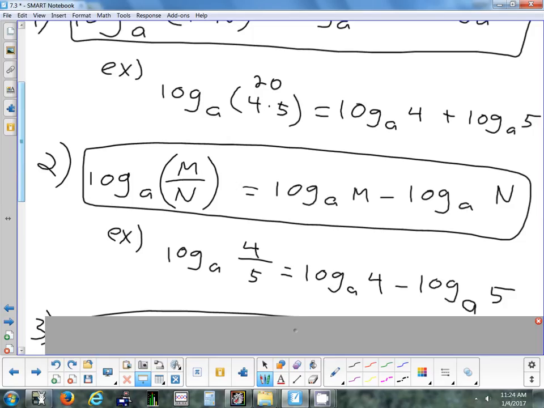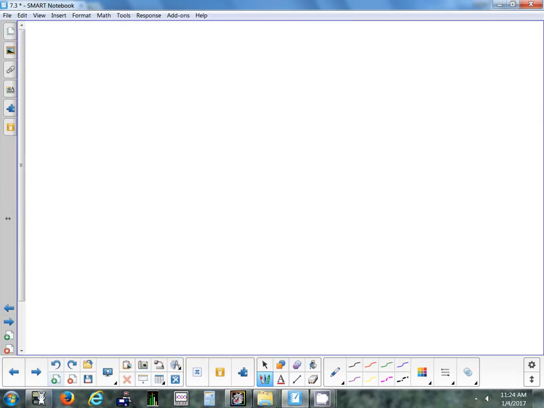All right, so rule 3. Let's take a look at this one. This goes back to the first rule we just learned. How would this split apart? I have the log of x times y. Yep, log x plus the log of y.